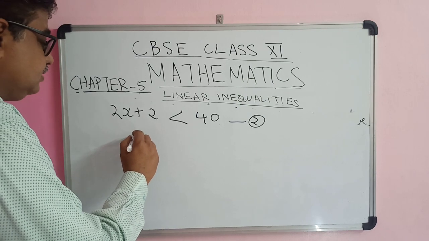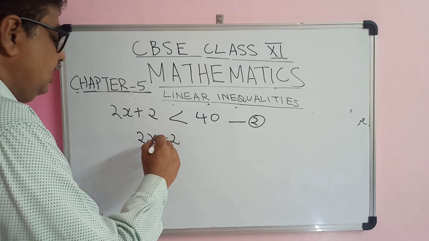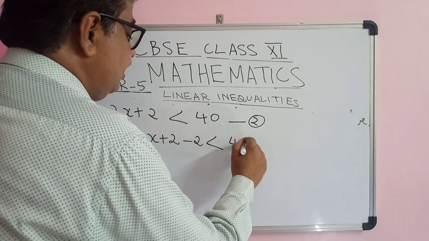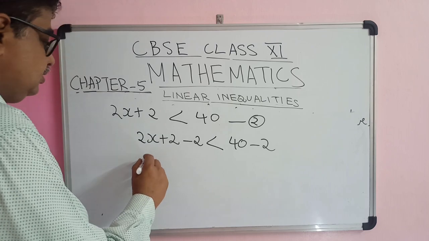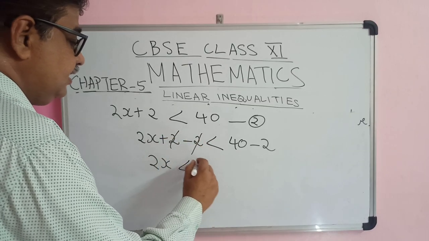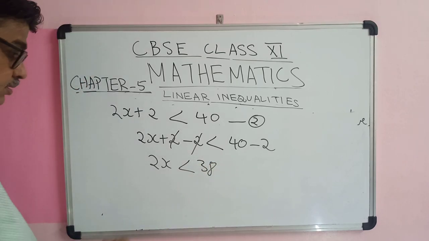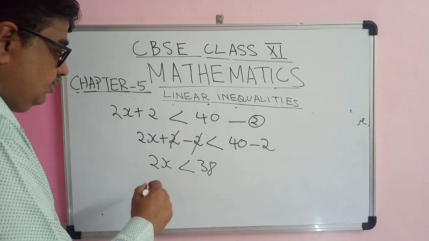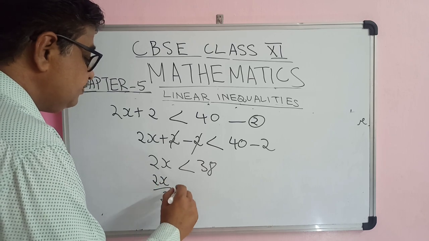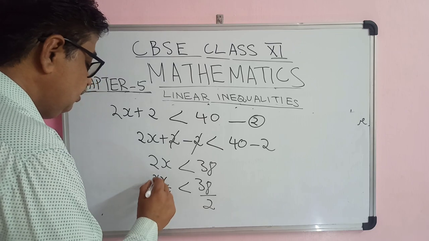So 2x plus 2, add minus 2 on both sides, less than 40 minus 2. So 2x, these two cancel, is less than 38. Divide by 2 on both sides. 2x divided by 2 is less than 38 divided by 2. The 2 cancels.